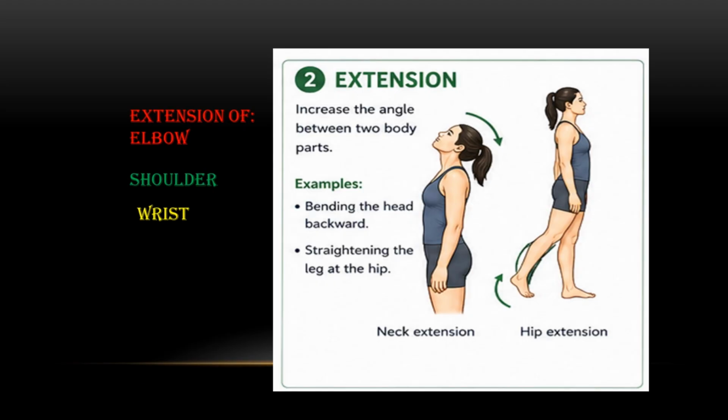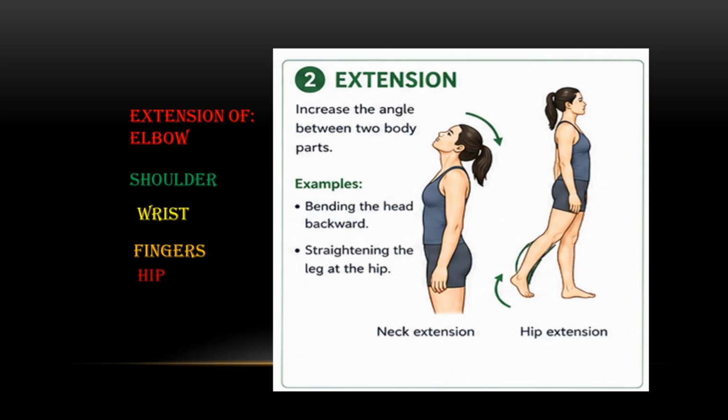The extension of the wrist is movement of the hand backwards. Then the extension of fingers is also an example. Coming to the lower limb, the extension of the hip is moving the leg behind.